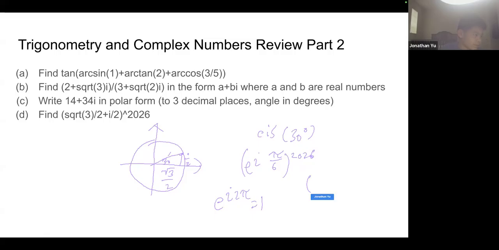So this is equal to e to the i pi over 6 to the 10, which is cis of minus 60 degrees, which on the unit circle is 1 over 2 minus root 3 over 2 i.